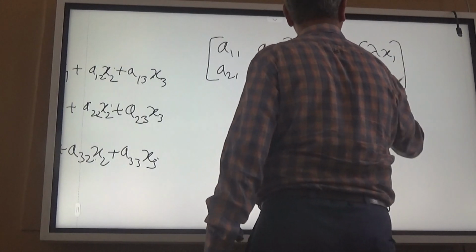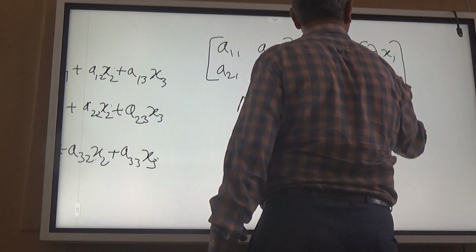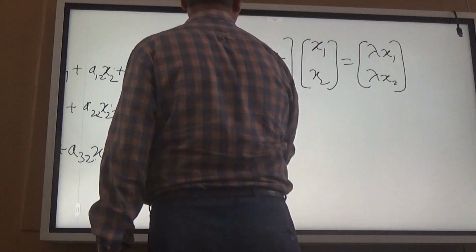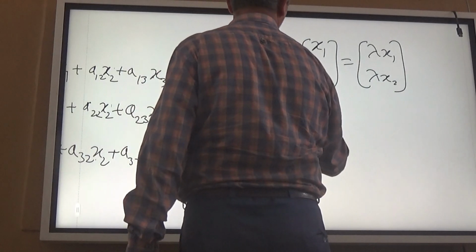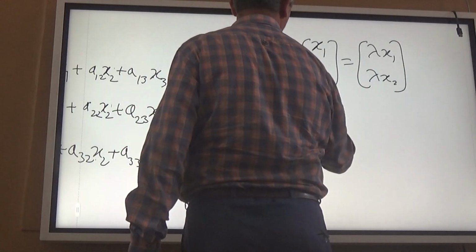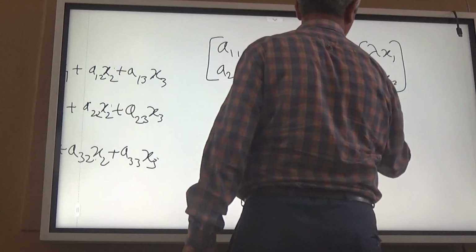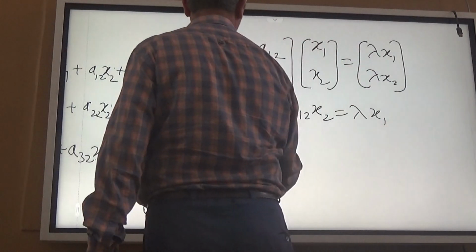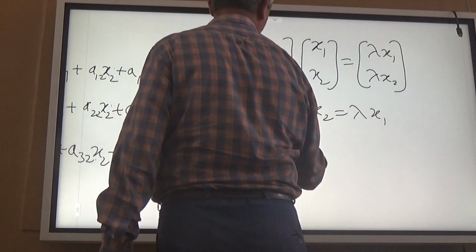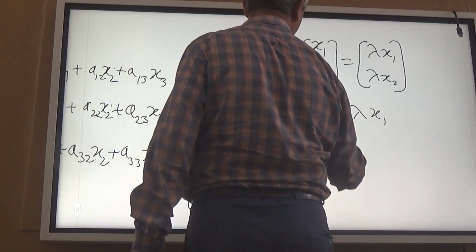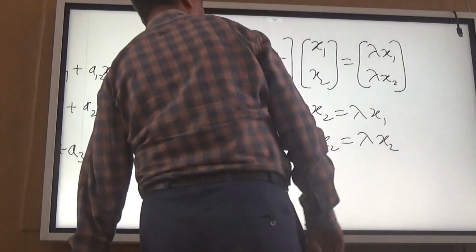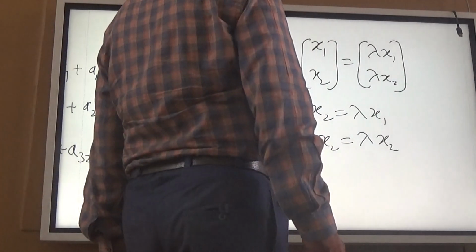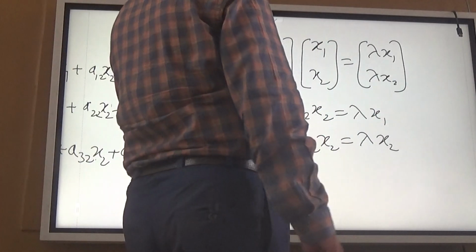Now what does it mean? A11 x1 plus A12 x2 is equal to lambda x1, and A21 x1 plus A22 x2 should be equal to lambda x2. Means what should we have? How will you solve this now?